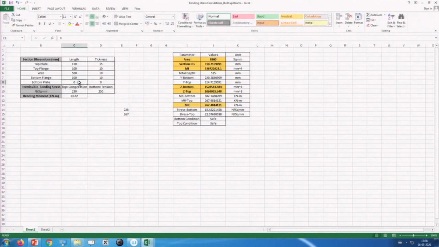If I give the same bottom plate, 250 by 15, it again increases by too much. It is now increasing to almost 447 or something like that. So, if you put the bottom plate, if you put the top plate, then automatically the moment of resistance of the beam is going to increase.